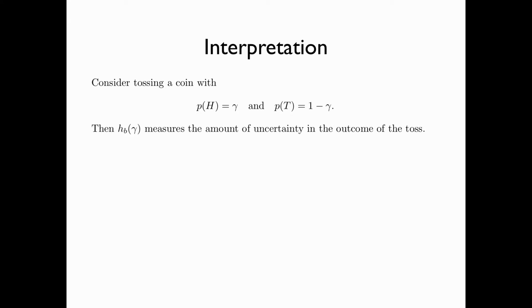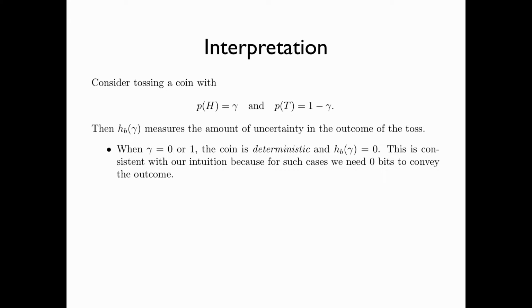Here's the interpretation of the binary entropy function. Consider tossing a coin with the probability of getting a head equal to gamma and the probability of getting a tail equal to 1 minus gamma. Then h_b(gamma) measures the amount of uncertainty in the outcome of the toss. When gamma is equal to 0 or 1, the coin is deterministic and h_b(gamma) is equal to 0.